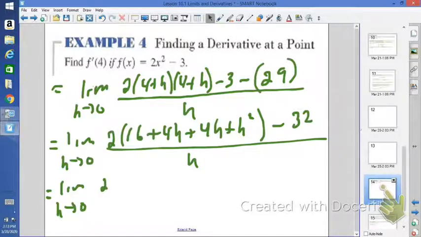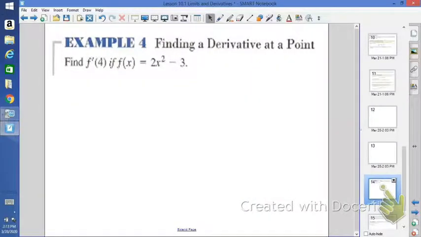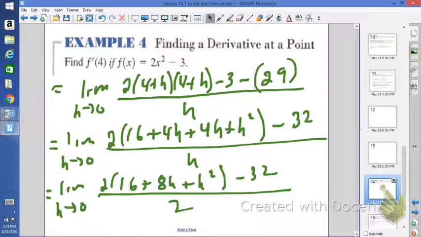Let's clean up inside parentheses. So you're going to have 16 plus 8h plus h squared minus 32, all over h. So let's distribute the 2.